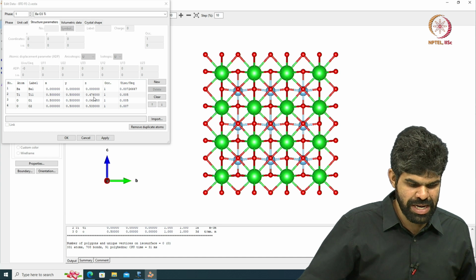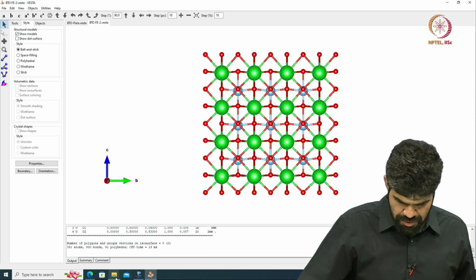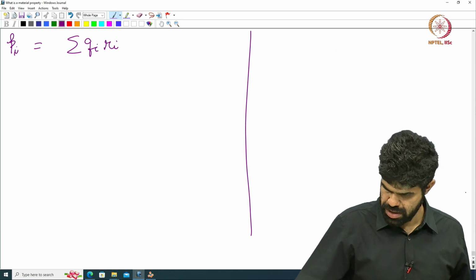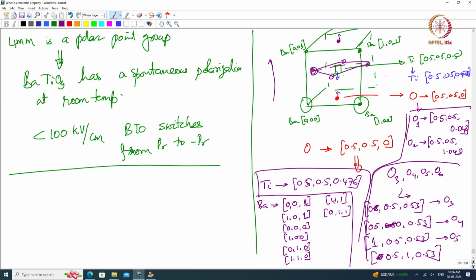If I just look at the displacement of oxygen 1 and oxygen 2, both of them are displacing only along the c axis.